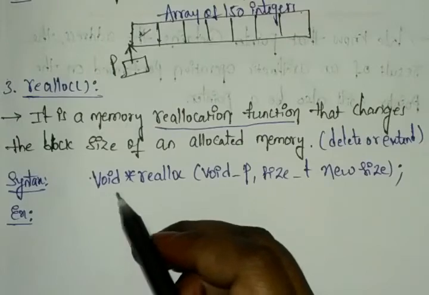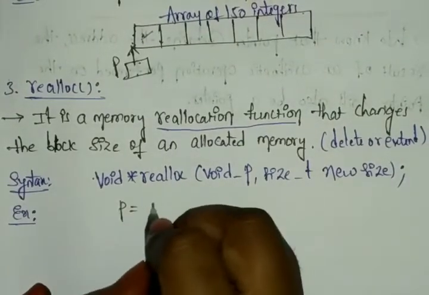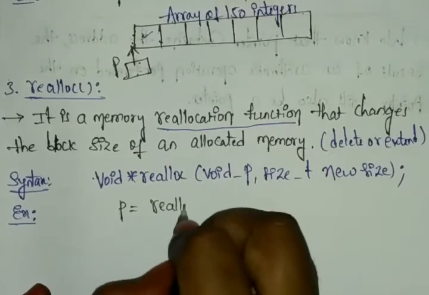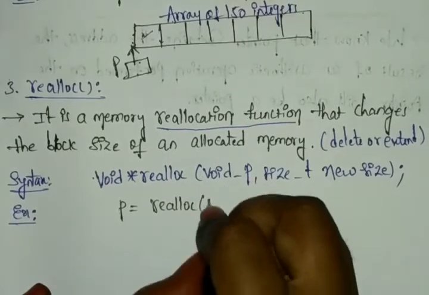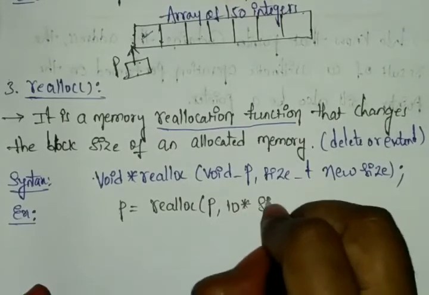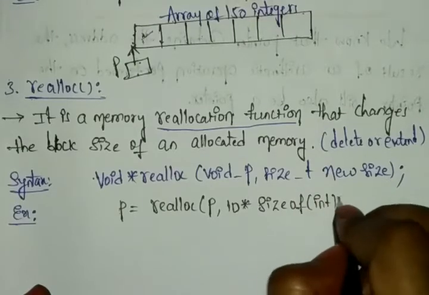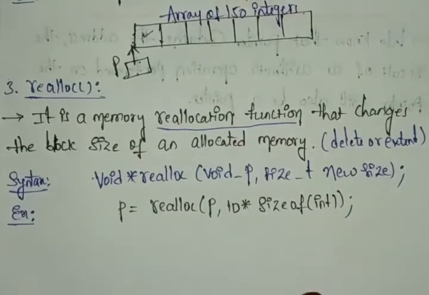For example, I am taking p equals realloc(p, 10 * sizeof(int)). Here I am also taking integer pointers only.